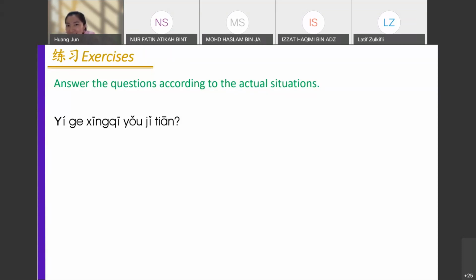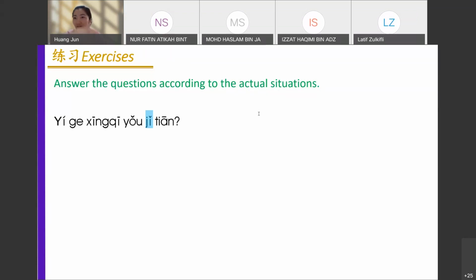天, what's the meaning? Can you tell me? 天 means day. Did we learn the word 天 as a question word? No. We just learned 几 as the question word, right? So the question word here should be 几. Then can you tell me what 几 means?